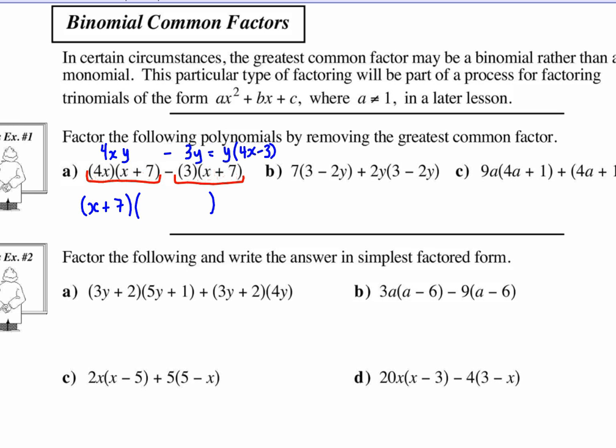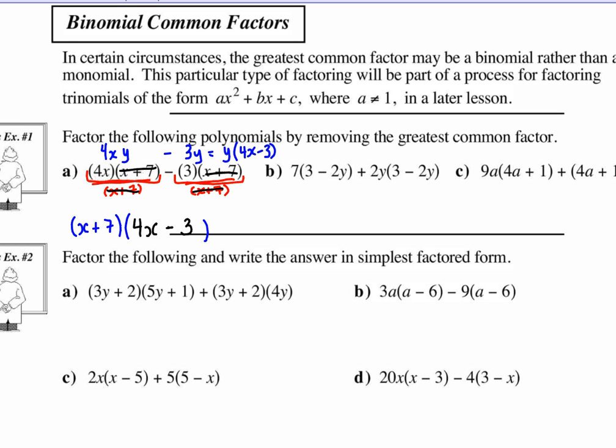So if x plus 7 is my GCF, I'm dividing each of these terms by x plus 7 to pull out my GCF. What's left over when I factor out x plus 7 from the first term? Just the 4x. The x plus 7's cancel, and we're left with 4x minus, the x plus 7's cancel, 3. So x plus 7 times 4x minus 3.